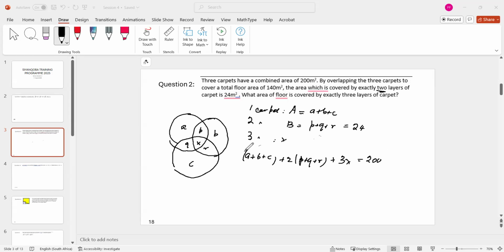Because when you pull them out and separate all these, you'll get these equations. So you've got that this is capital A plus 2B plus 3X is 200.